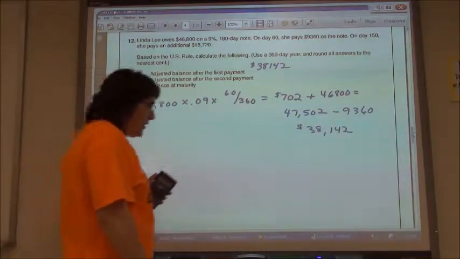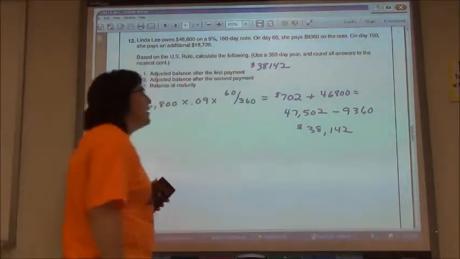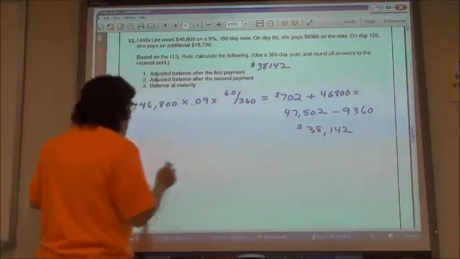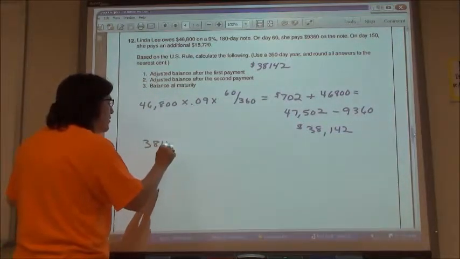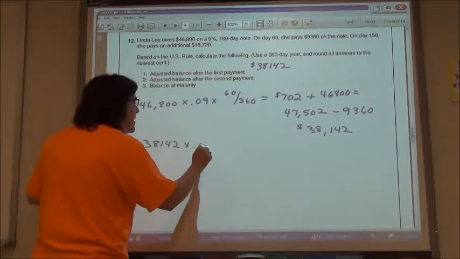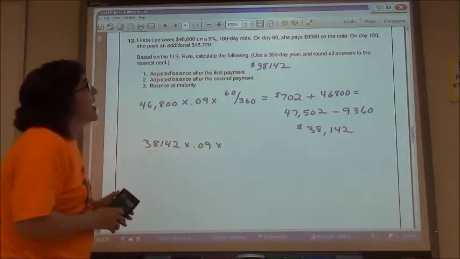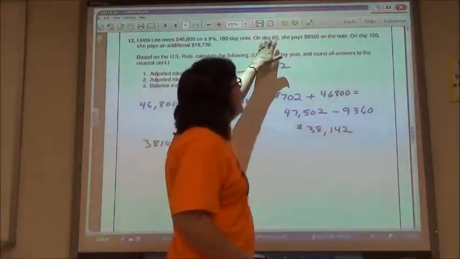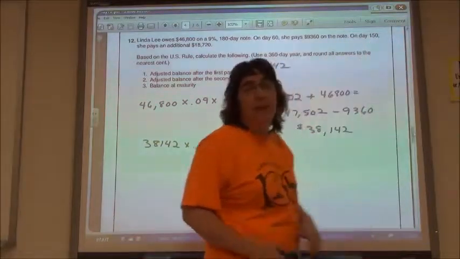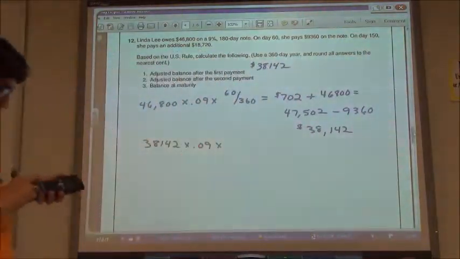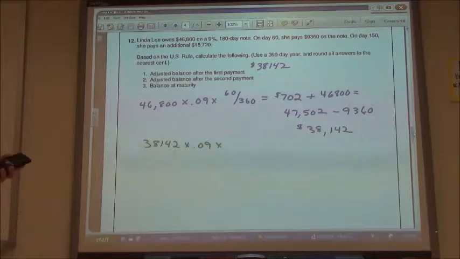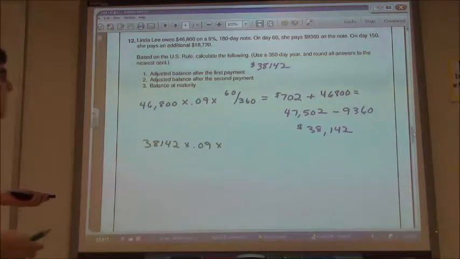So now I'm going to get ready to make my second payment. After the first payment, I owed $38,142. It's a 9% interest note, and this payment was made on day 60. My second payment was made on day 150. So if I take 150 minus 60, that's 90 days in that time period.